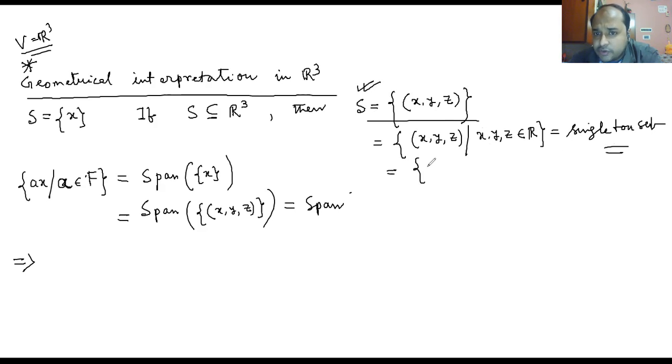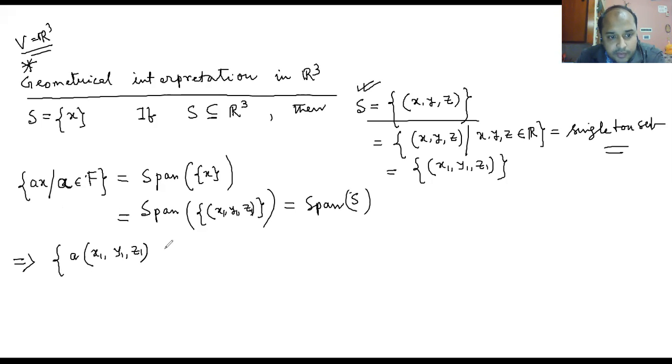It would be nice if you write it in this manner, X1, Y1, Z1, especially. So actually I am going to write the span of this particular set S. And S, according to the problem, is nothing but A times X1, Y1, Z1, where A is a real number.